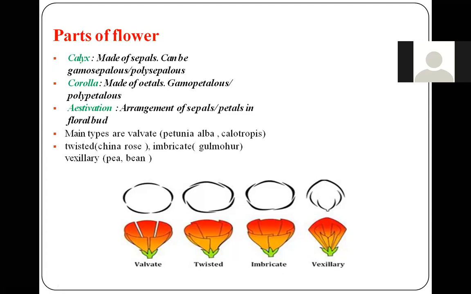As one particular petal is comparatively bigger in size, the two petals fuse with each other to form one single petal, right? And this flap and this particular region is overlapped on the other petals, and for this reason this type of estivation is said to be vexillary estivation.